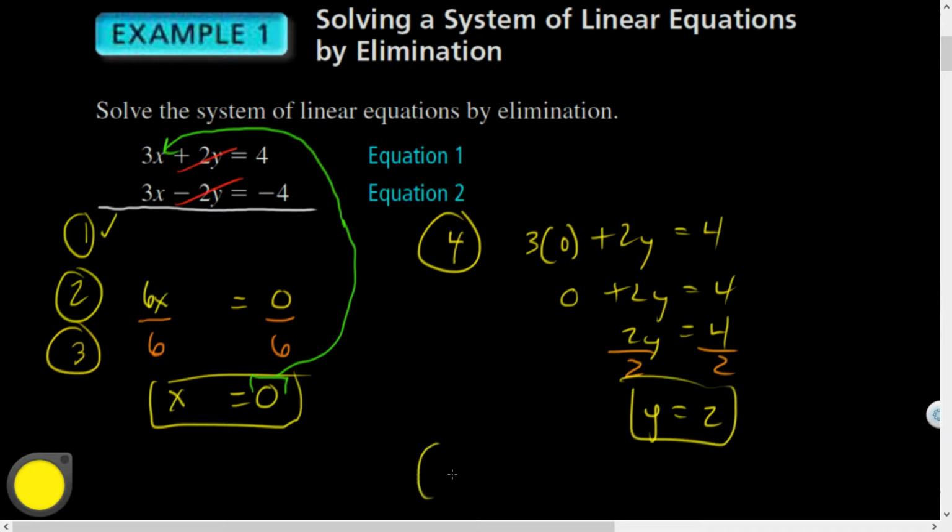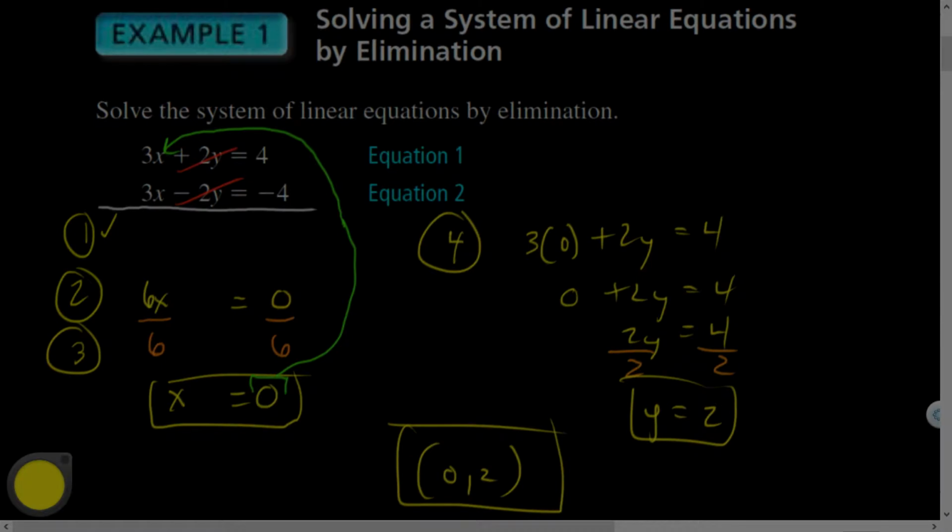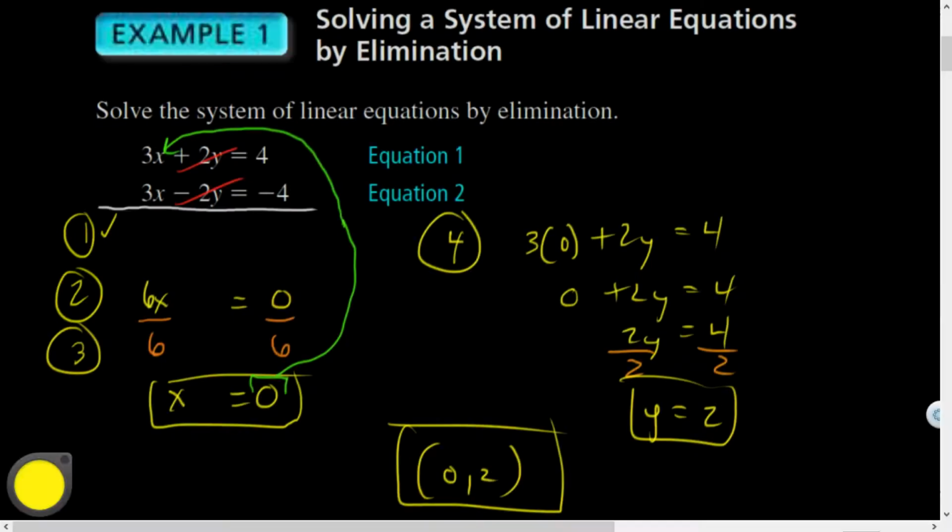So my solution is 0, 2. So it does exactly the same thing as our other methods do, only better in certain situations, such as this one, when there were coefficients that were different than 1 or negative 1 for all of these. Okay, let's take a look at monitoring progress question 1.